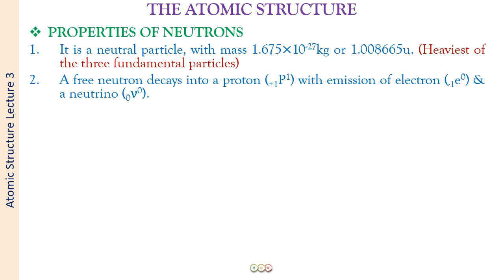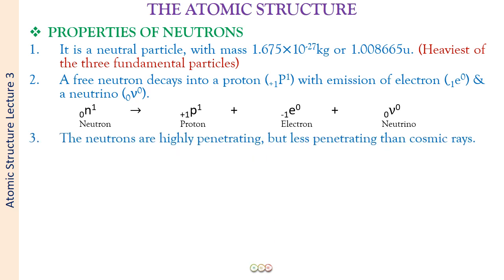So what is a neutrino? Basically, it is a particle of negligible mass, almost zero mass and zero charge. We have the reaction in front of you. The neutron basically decays into a proton, electron and neutrino.